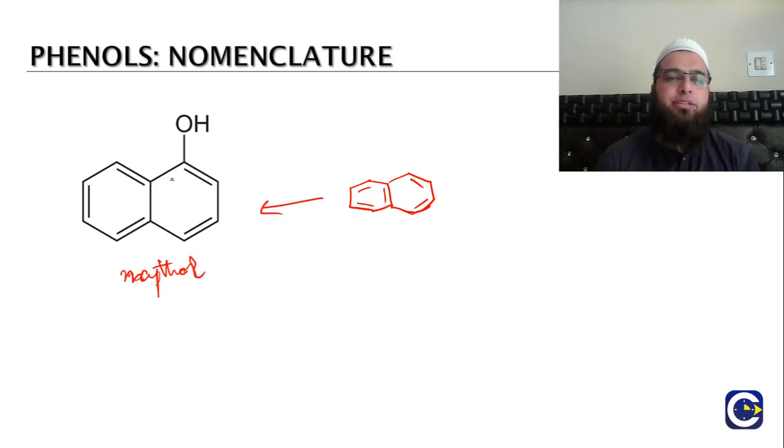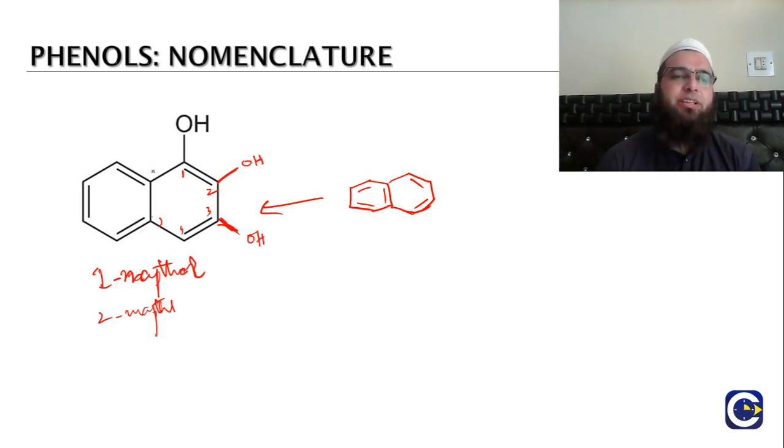And in this case we start numbering from this carbon. This is carbon number 1. This is 2, 3, 4, 5, and so on. So this is 1-naphthol. If the hydroxyl group is present at the 2 position, then we will name it 2-naphthol. And if it is present at carbon number 3, then it will be 3-naphthol, and so on.